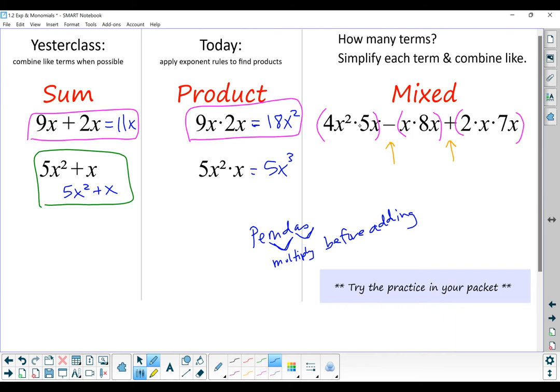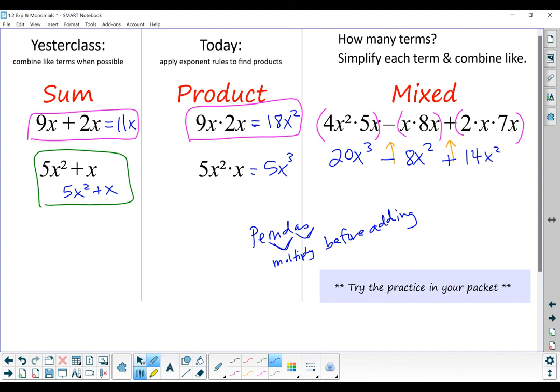So 4x squared times 5x gives us 20x to the third power. We want to subtract the next term. X times 8x is 8x squared. And we want to add the last term, 2 times x times 7x is 14x squared.